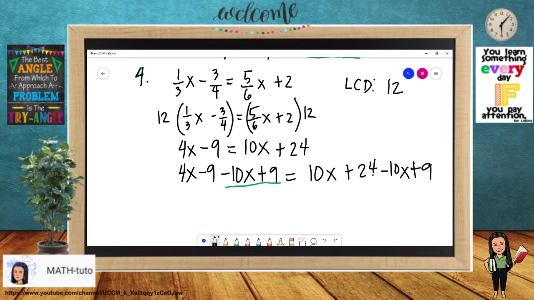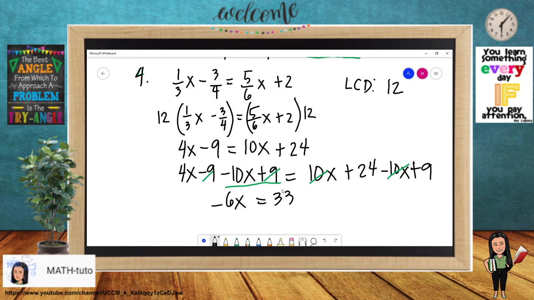Okay. So, this is negative 6x equal to, makakancel na yung 10x. Dito, makakancel na yung 9, no? Dito naman, makakancel na yung 10x. Ang naiwan na lang is 24 plus 9, which is 33.